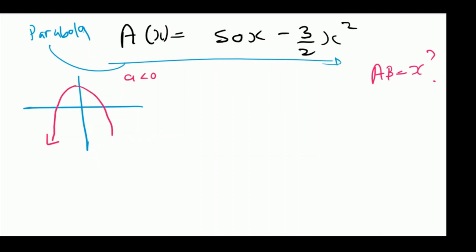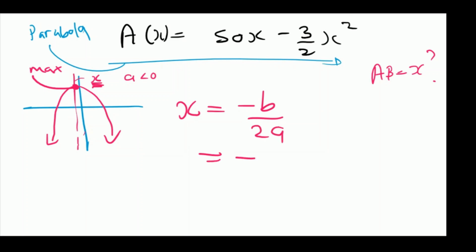This is not the exact drawing, but just an example drawing, and it's going to have a point of maximum. So we want to identify the turning point of x actually. So you can simply say x is equal to minus b over 2a, where our b in this case is going to be this 50. So you're going to substitute 50 divided by 2, and our a, minus 3 over 2.